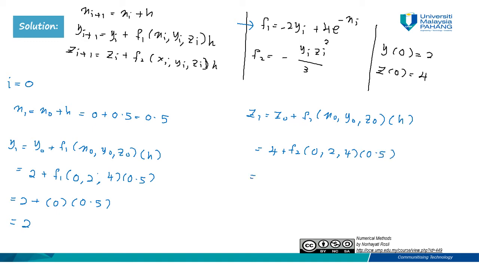So how to calculate f2? You just need to substitute 0, 2 and 4 into our equation f2 here. So you will have 4 plus minus 32 divided by 3 times 0.5. So the value for z1 is equal to minus 1.3333.